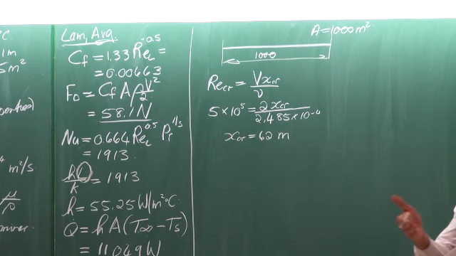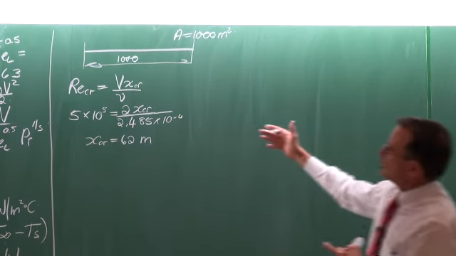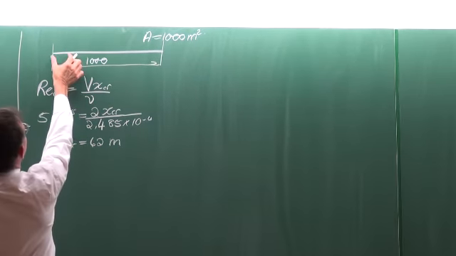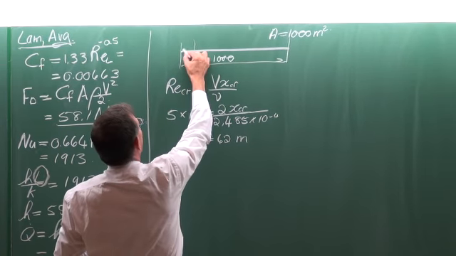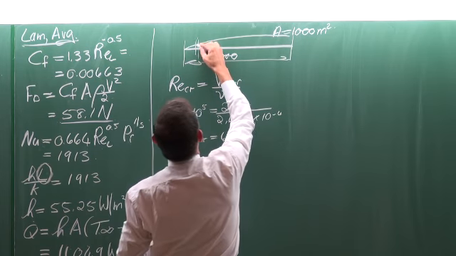Right, now that we know that, and that is a very important thing to know, if we look at this plate of 1,000 meters, that is about a tenth of it, so that's about 100 meters. So on scale, it would mean that transition typically would occur there.